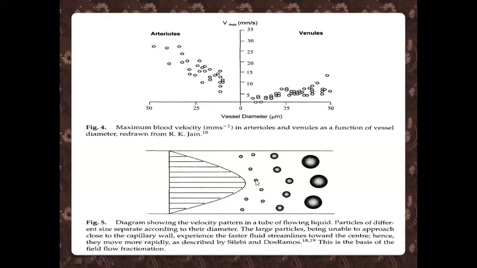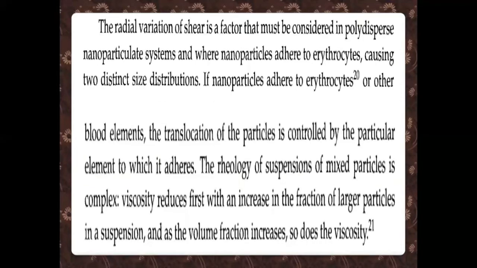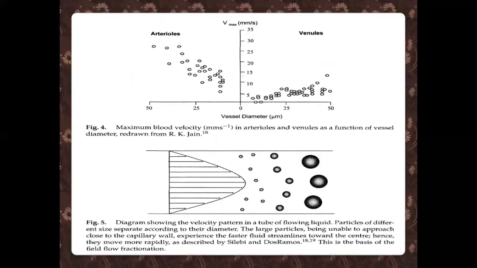The other particles, having smaller size, will have a flow rate very much less compared to large particles. So they will try to move towards the side walls of the tubes or the blood vessels, and sometimes they will settle down. The flow rate of these small molecules may be affected because of their size, and they will start moving towards the side walls of the blood vessels and settle down.